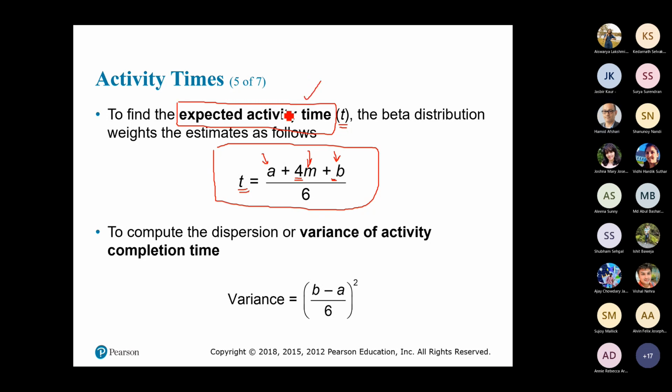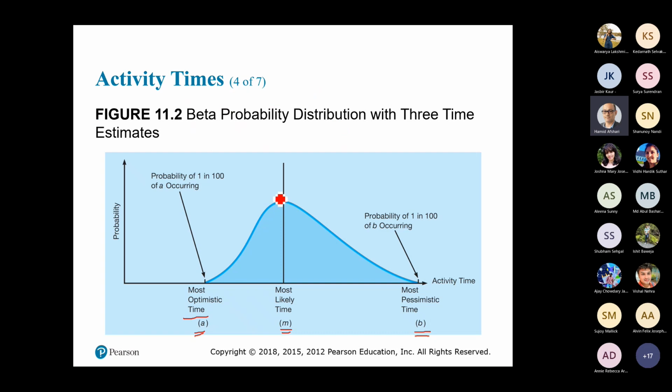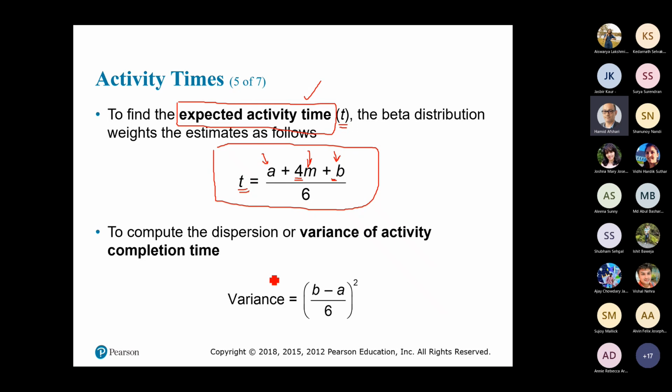Okay. And besides that, I know that in any probability distribution, we calculate mean and also we calculate what? Standard deviation. So how can I calculate variance and standard deviation? So I first show you how to calculate variance, and then from variance you can find the standard deviation.